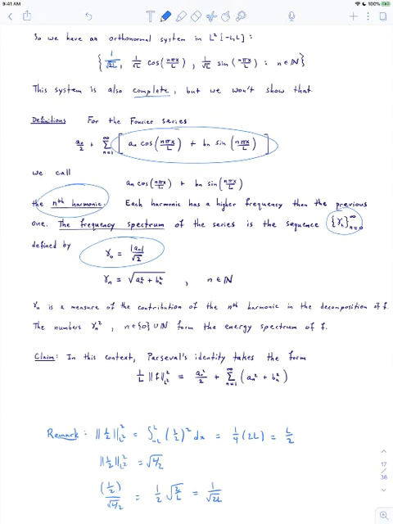These numbers, gamma n squared, form what is called the energy spectrum of f. In this context, we can rewrite Parseval's identity, and it looks like what you see here.